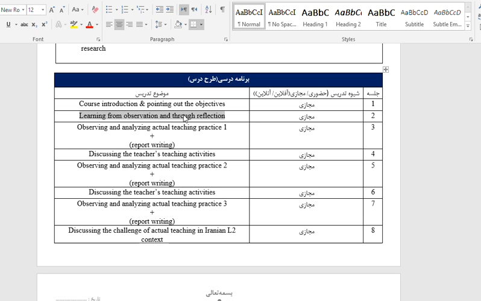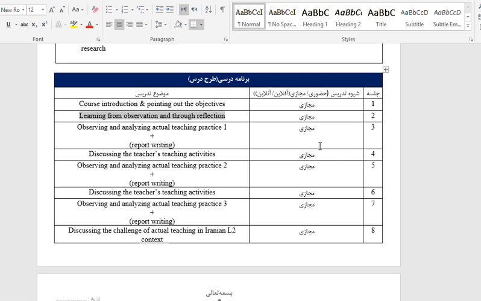When we observe others, we can reflect on our own teaching practices and theories, and we can learn from understanding our own cognitions, then we can change them. If you want to learn something, you need to change your understanding and your practices. So first of all, you need to understand your understanding and your practice. Then you can replace it with new understanding and new practice.